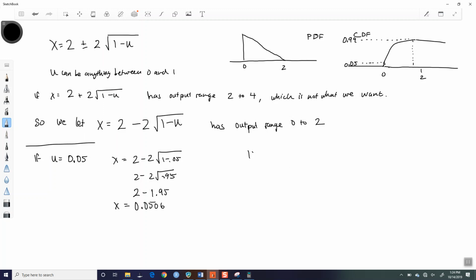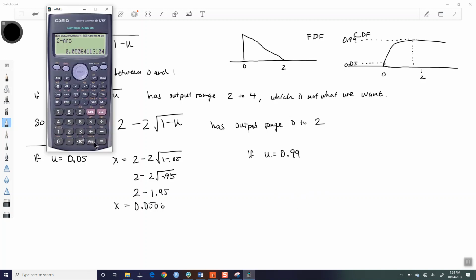All right, if u equals 0.99, okay, then what do I have?